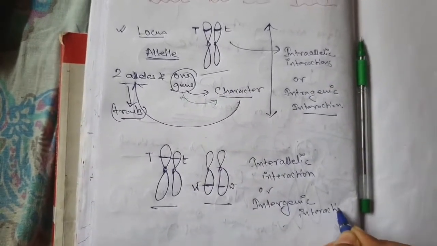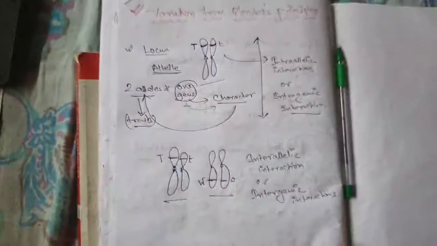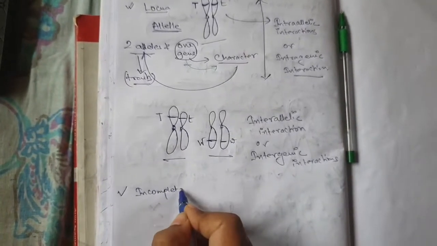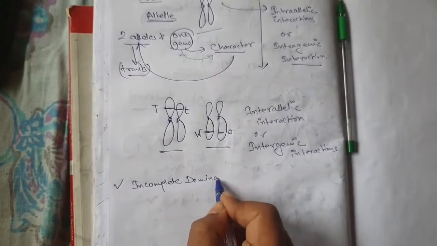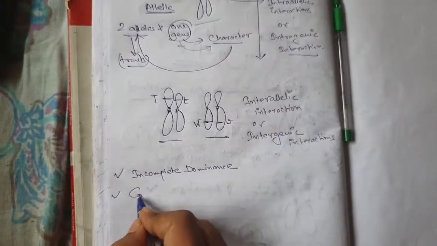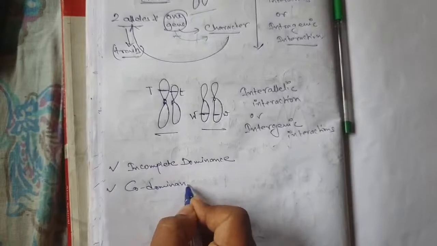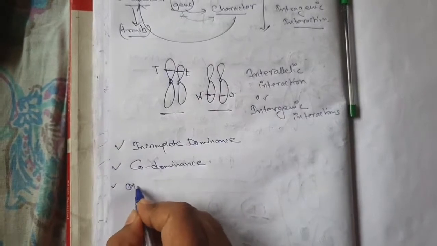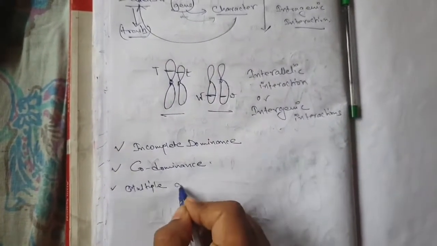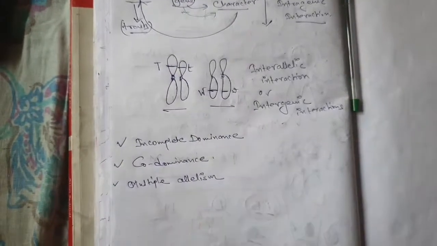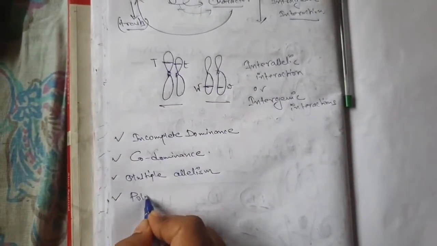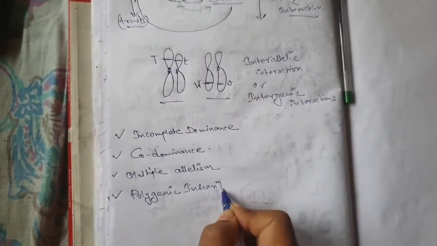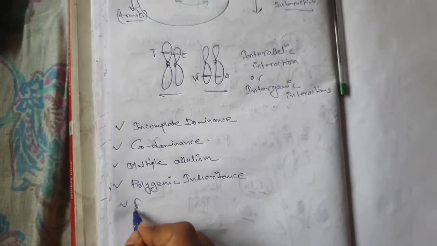So please keep in mind, this understanding forms the base of understanding incomplete dominance, a variation from Mendel's principles, codominance, another variation from Mendel's interactions, multiple allelism, polygenic inheritance, and epistasis.